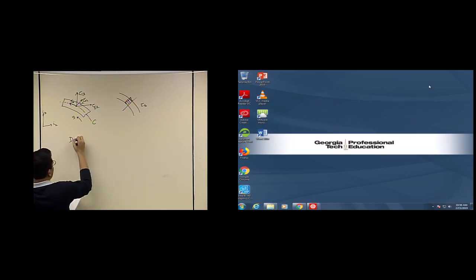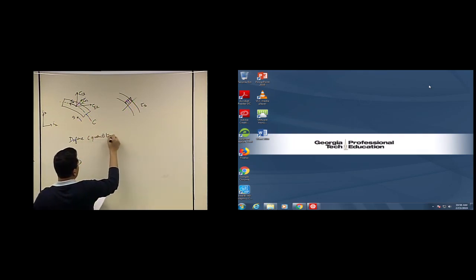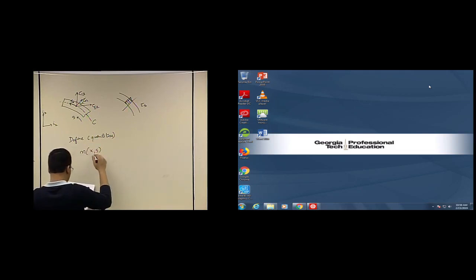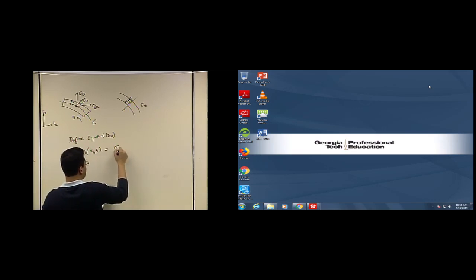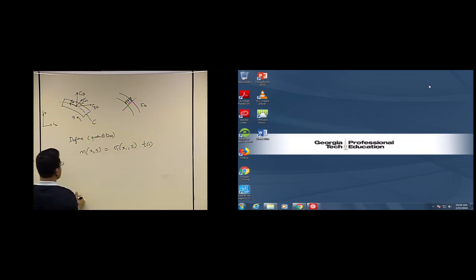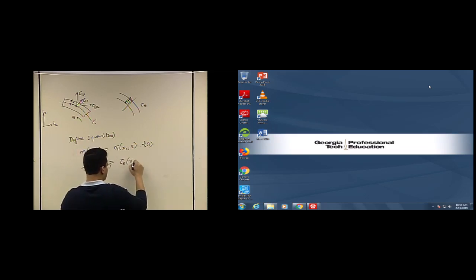So we can define some quantities: N of x1 comma s, which is sigma 1 of x1 comma s times thickness, and F of x1 comma s, which is tau s times the thickness.